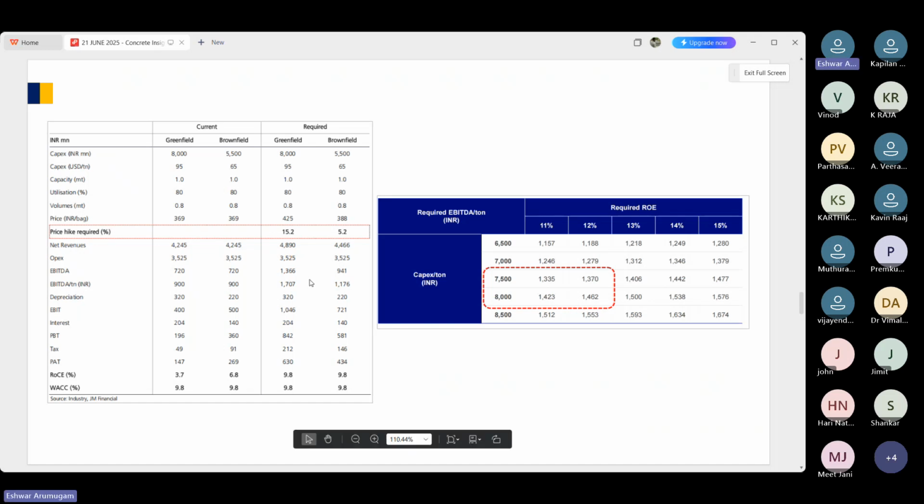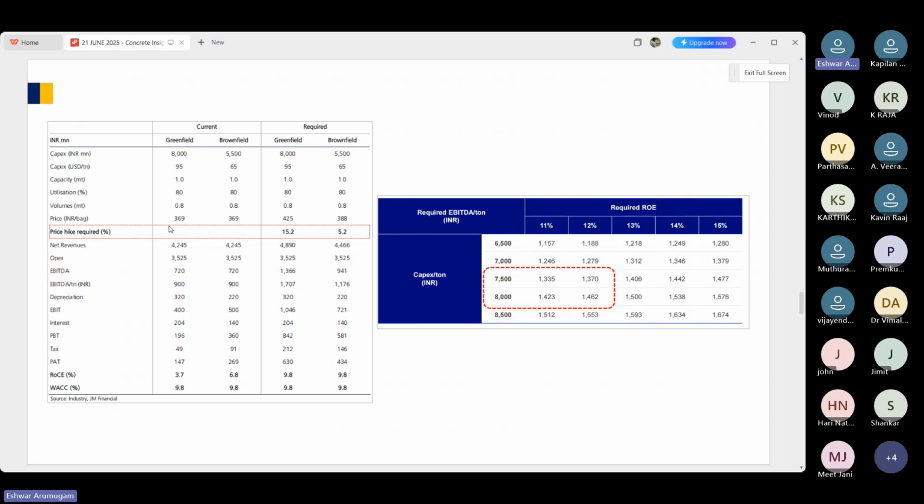So this is also essentially the same as the previous slide. For a greenfield capacity, the price hike required is 15.2% to earn a return on capital of 10%, which is actually lesser than the cost of equity. The cost of equity is 12%.